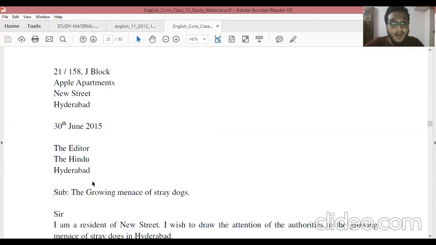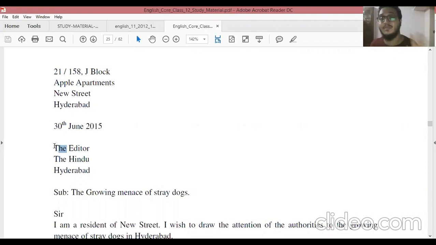In the editor part, if you're missing The Hindu, the editor, guaranteed, if I am correcting the paper, half or 1 mark I'll deduct. If any member of our department is correcting, definitely you're going to lose marks for leaving out the article.